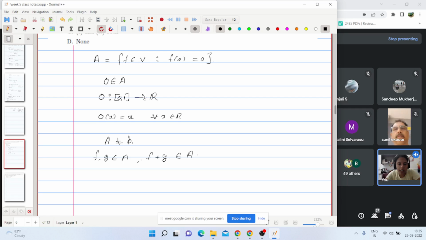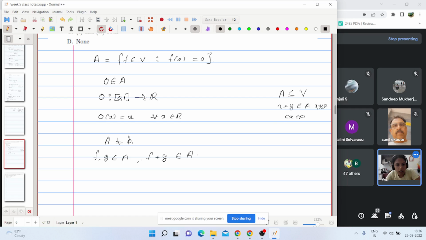If we already have A as a non-empty subset of our vector space V, then for a non-empty subset to be a subspace of V, we just need that x plus y is also in A, and Cx is also in A.